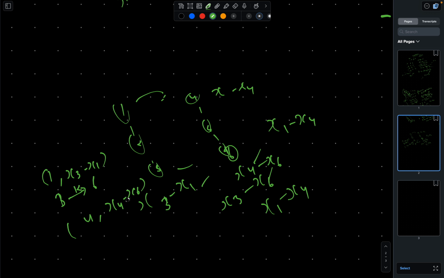So what will be the weight of this edge? To calculate the weight of this edge, this indicates x3 minus x6 is equal to k.